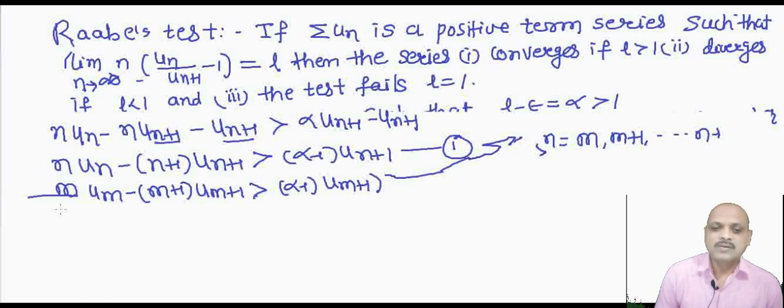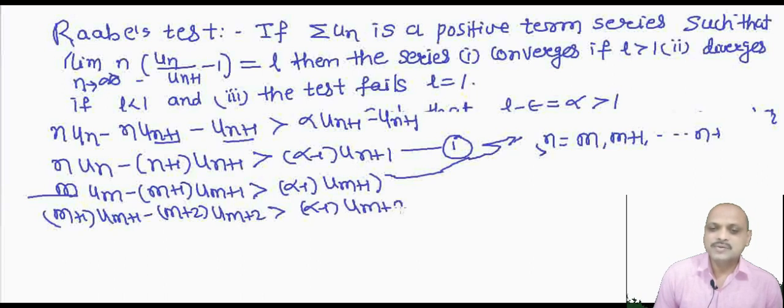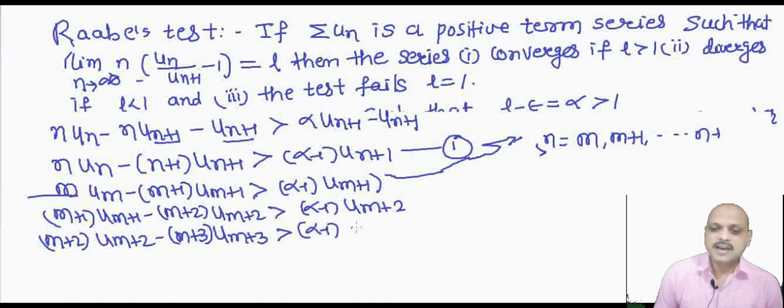Now put n equal to m plus 1. So (m plus 1) into um plus 1 minus (m plus 2) into um plus 2 is greater than (alpha minus 1) into um plus 2. Similarly, put n equal to m plus 2: (m plus 2) into um plus 2 minus (m plus 3) into um plus 3 is greater than (alpha minus 1) into um plus 3.